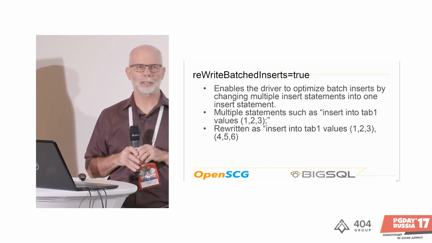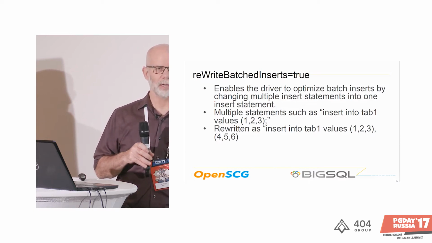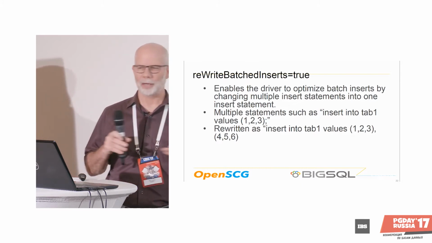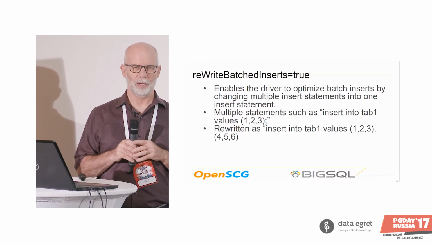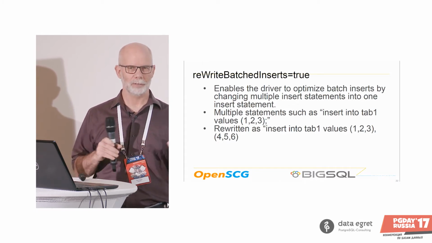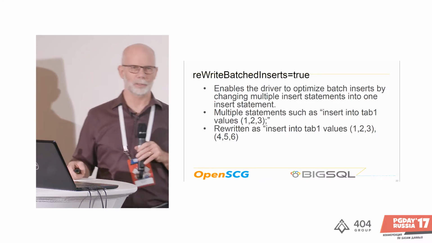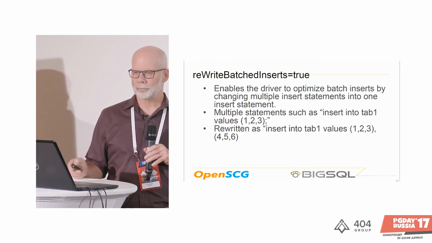So the question was, or the assumption was that there was some kind of magic that occurred in the driver, and that is what happens now if you turn on rewrite batched inserts. We will rewrite it, but as I said, we have some issues with rewriting it. I think there's a couple issues with rewriting it. One is returning, and the other one is for on conflict.